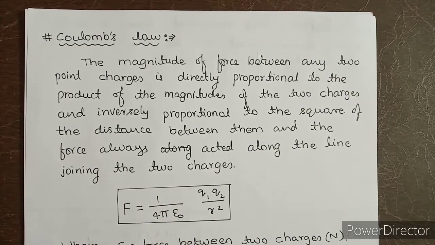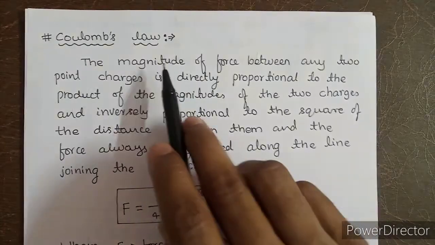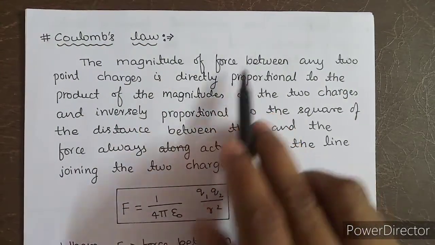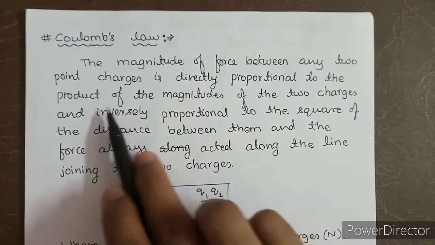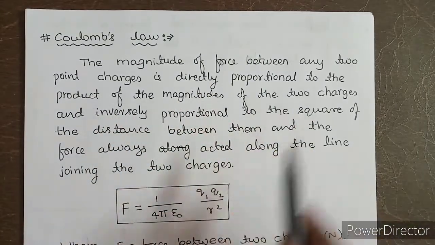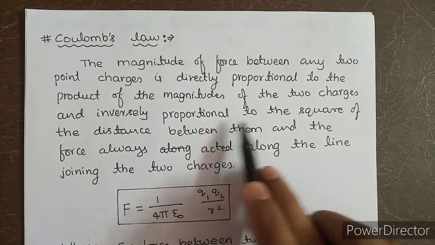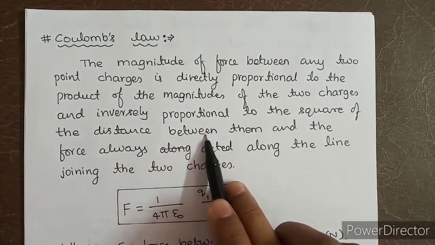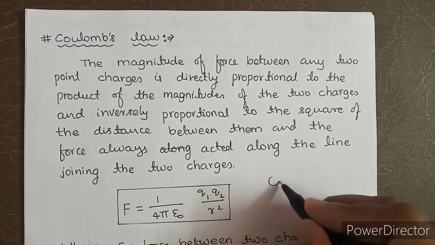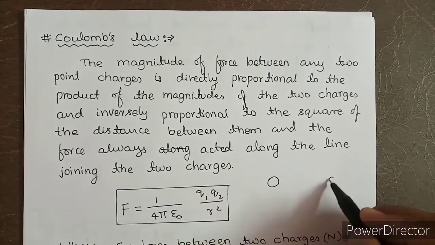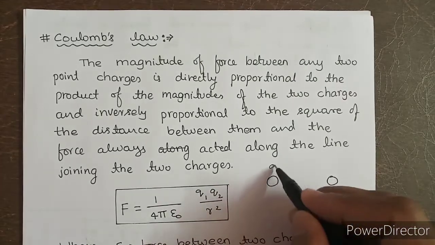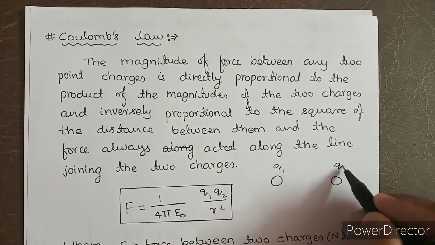Mathematically, it can be represented as: the magnitude of force is directly proportional to the product of the magnitudes of charges. So F is directly proportional to Q1 into Q2 and inversely proportional to the square of the distance between them. If you consider one charge here and another charge here, this is Q1, this is Q2.